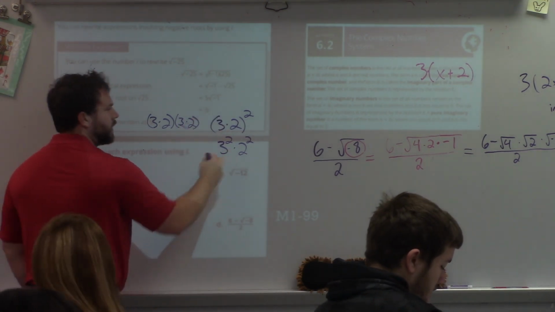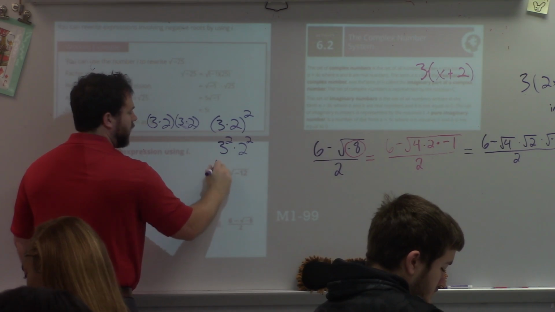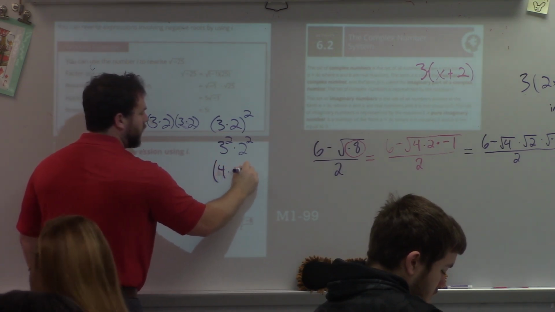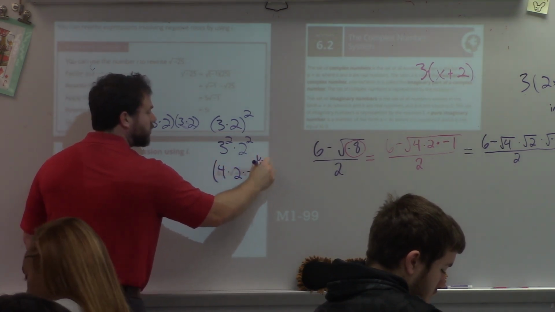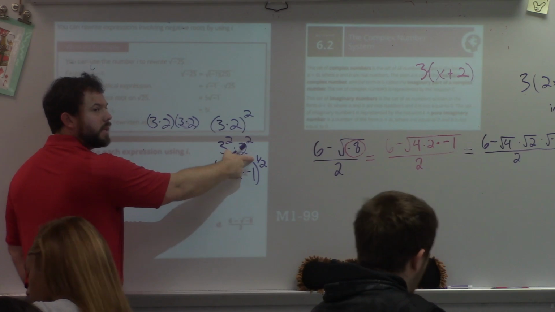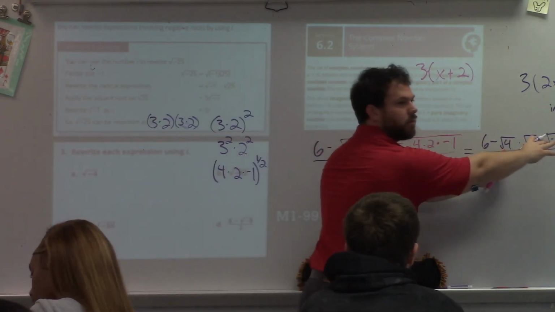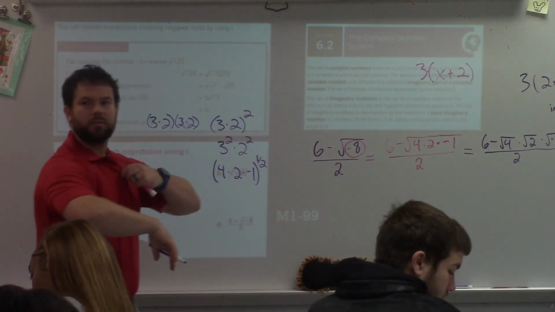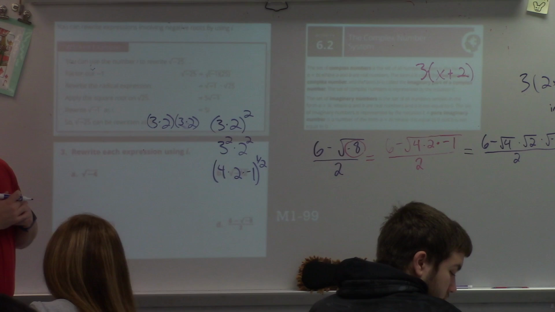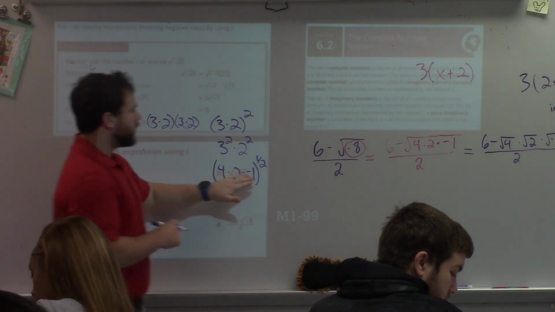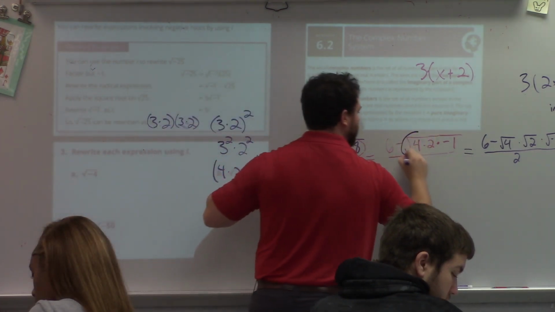But because of this, if I have 4 times 2 times negative 1 raised to the 1/2, what does that 1/2 mean? Connect it over to here. What's that 1/2 mean?